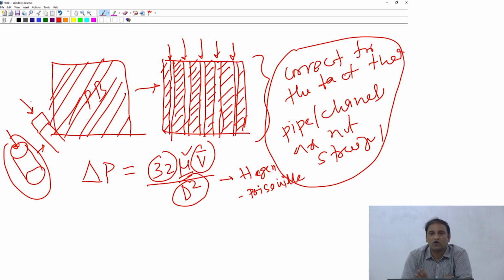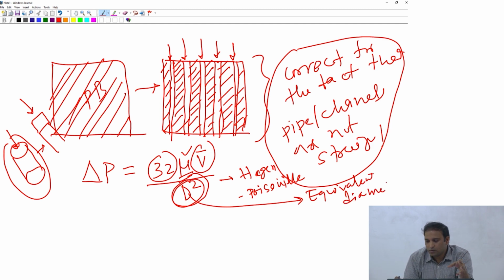One of the concepts people use is that wherever you have dimension D, the diameter, they replace that with what is called an equivalent diameter. That's one thing you have to worry about.